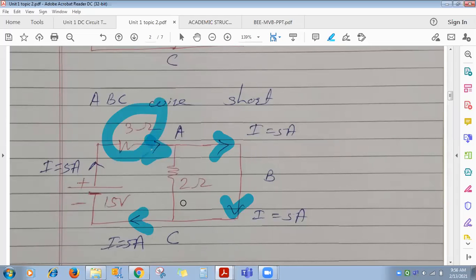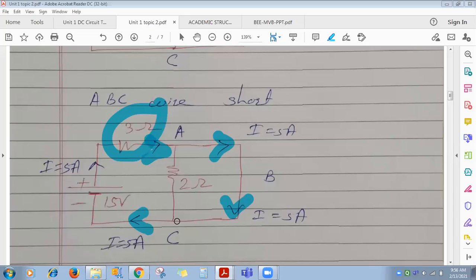Is any current flowing through the 2 ohm? No. So this branch in which 2 ohm is connected, what will you call it? Redundant branch. As no current is flowing through the 2 ohm, you can call it a redundant branch.